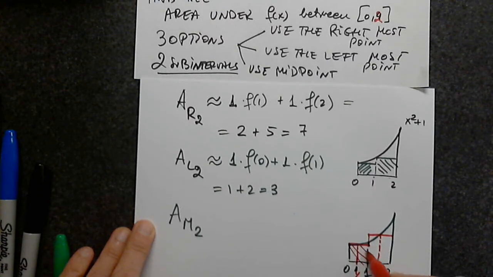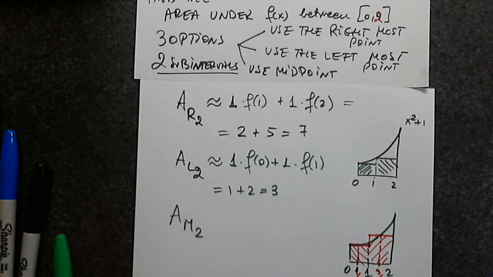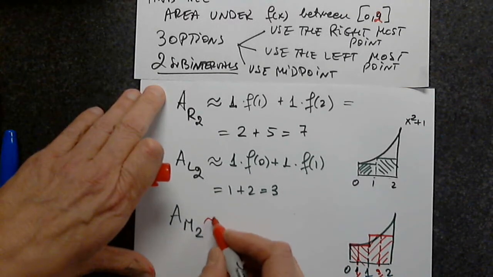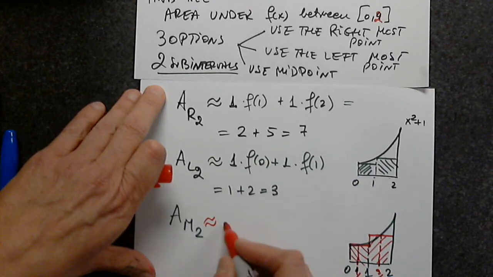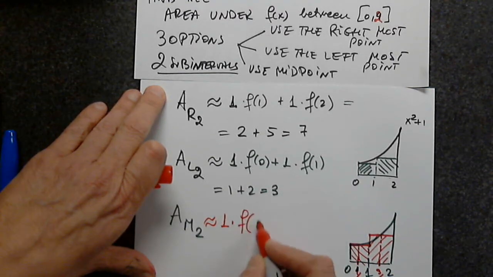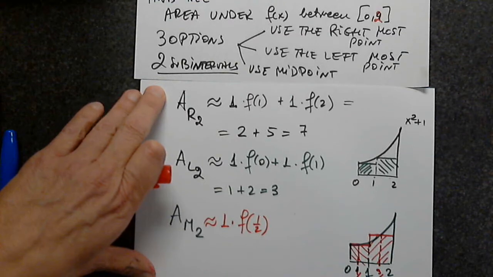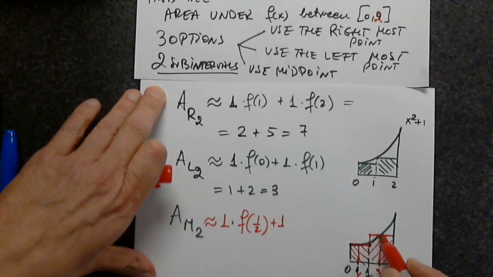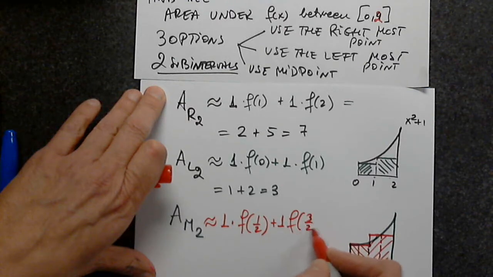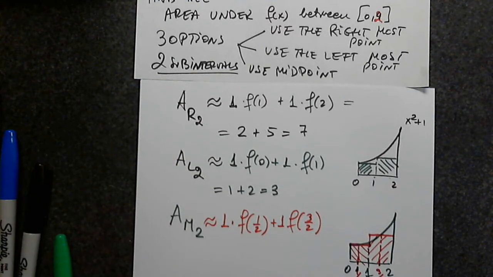So this is the area of the first rectangle, and this is the area of the second rectangle. So this is approximately base times height, 1 multiplied by f of 1/2, plus still base times height, which is f of 3/2. Is this better?